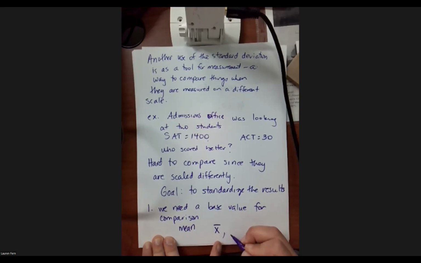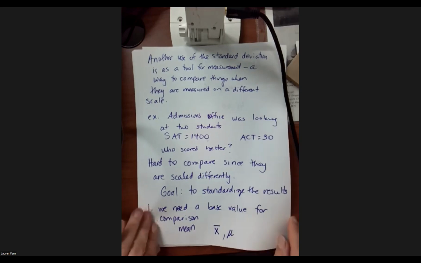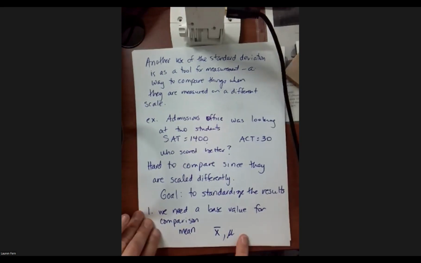Another one that you're going to see come up is this Greek letter mu. We love our Greek letters in math. Okay? Yep, mu, just like a kitty cat. All right. So that's one thing that we're going to do.